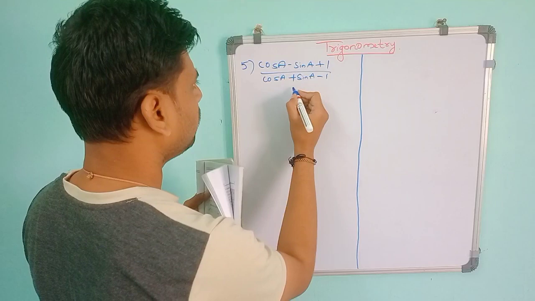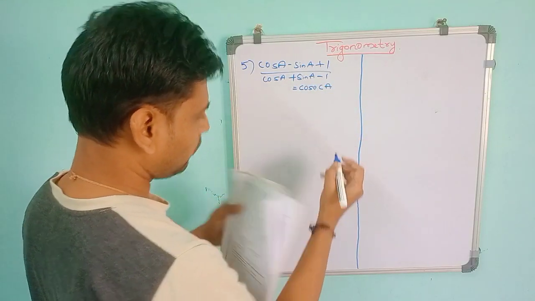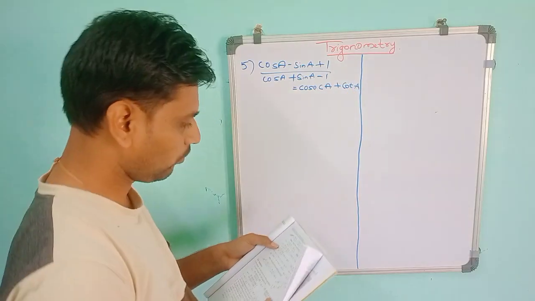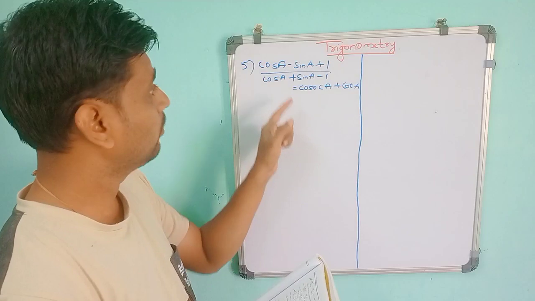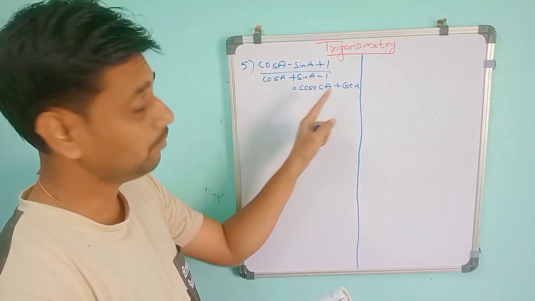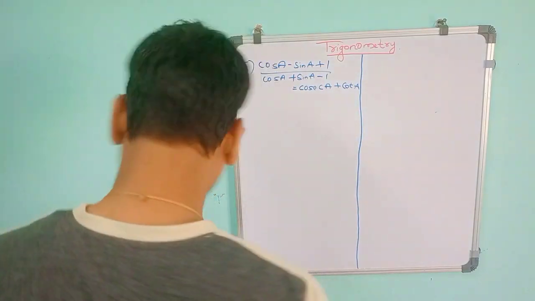We have to prove that this is equal to cosec A plus cot A. So the question is that (cos A minus sin A plus 1) divided by (cos A plus sin A minus 1) is equal to cosec A plus cot A.